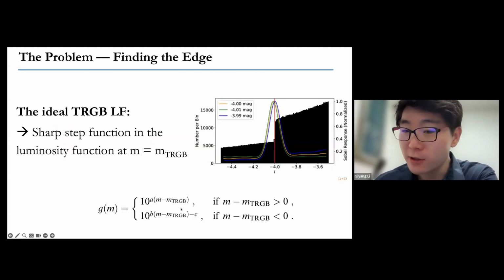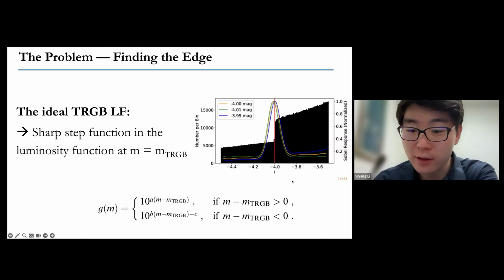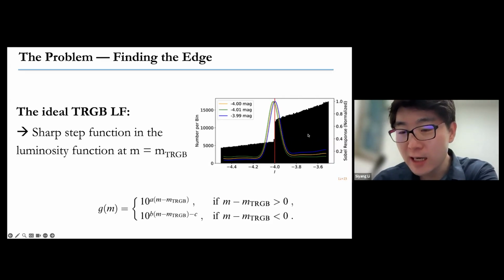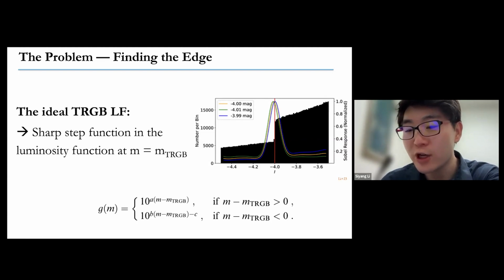Now, ideally, when you measure the TRGB, you have these red giant stars. And if you plot a histogram of the brightnesses of these stars, you get what we call this luminosity function right here. And so you can imagine you see this luminosity function, which is again just the histogram of the brightnesses of these stars. If you start from the right here, and you start with your red giant, as the red giant evolves, as I mentioned before, it gets brighter and brighter.